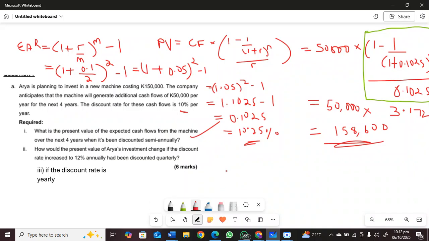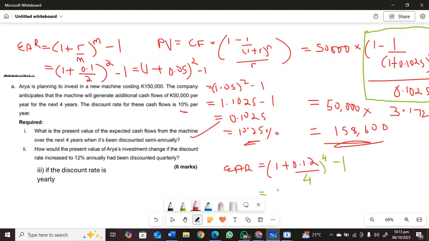So again, we use the effective annual discount rate, 1 plus 0.12, since it's compounded quarterly, M equals 4, to the power of 4, minus 1.